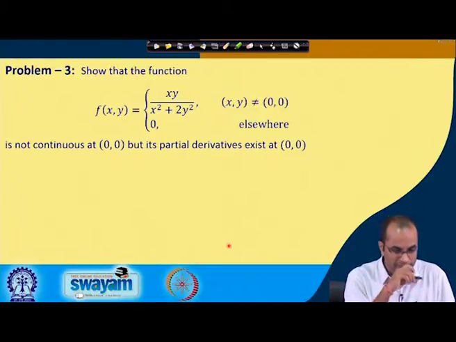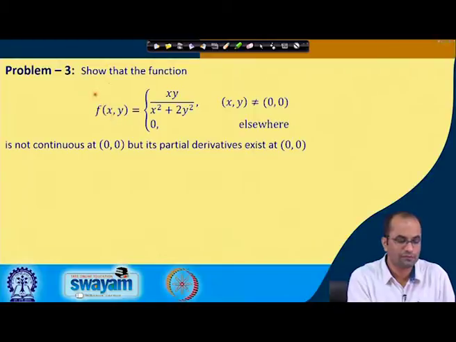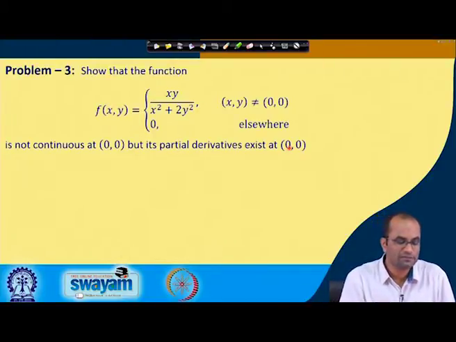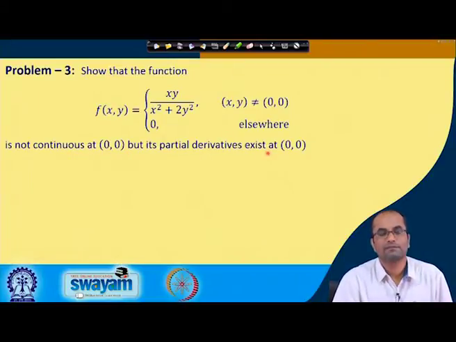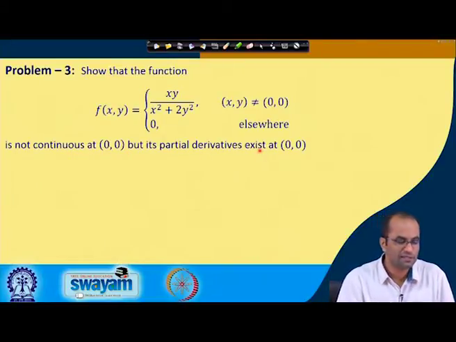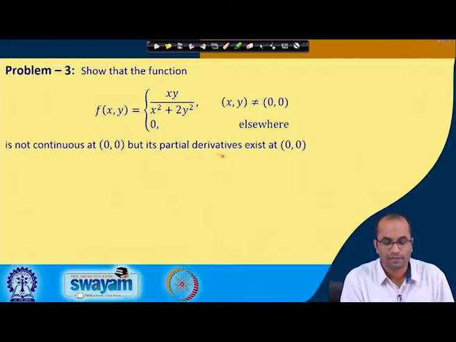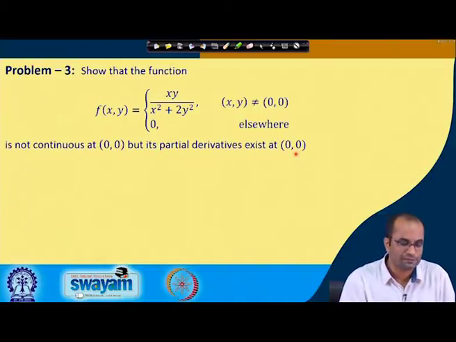Moving to another problem, we will now show that this function is not continuous, but its partial derivatives exist at 0 0. In the earlier problem the function was continuous, but the partial derivatives did not exist. In this case we will show that the function is not continuous, but both partial derivatives exist.